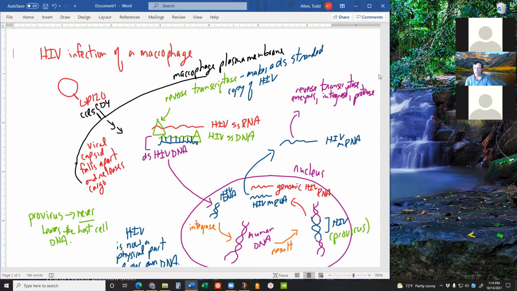Let me ask a question in the chat window. When messenger RNA is translated, what is manufactured? When messenger RNA is translated, what gets made, folks?